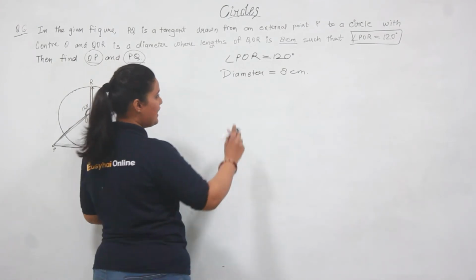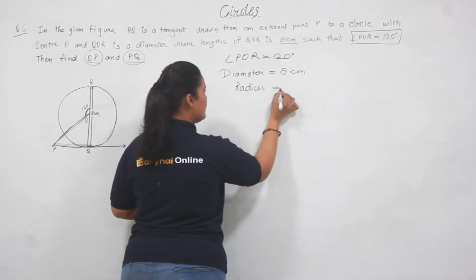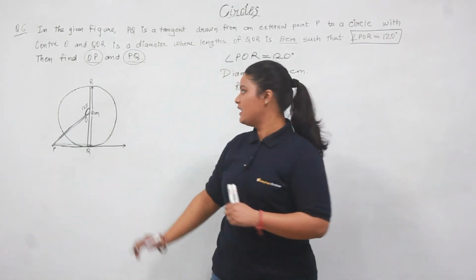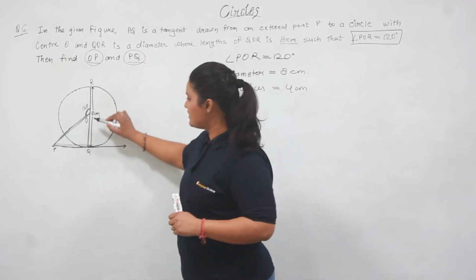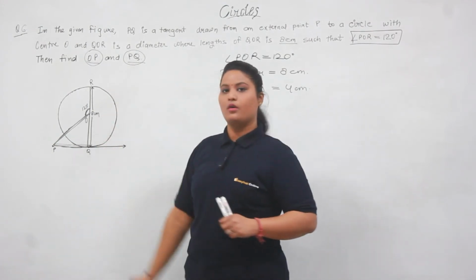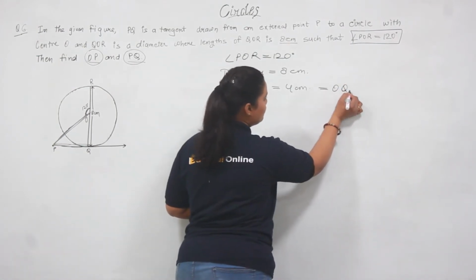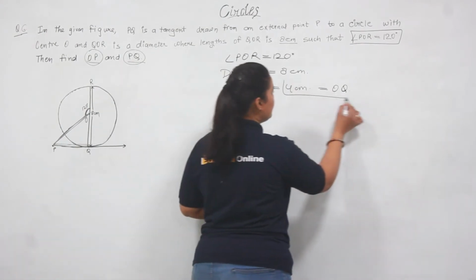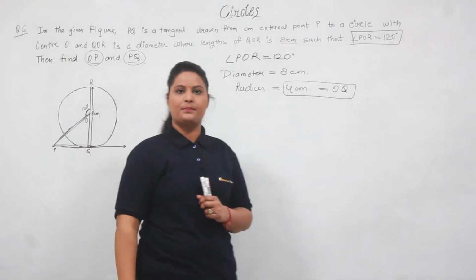Since diameter is 8, then what will be the radius? Radius will be 4 centimeter. Right? And our diameter is QOR, then radius will be, I can say, OQ. OQ is the radius, means length of OQ is 4 centimeter. So just remember that OQ is equal to 4 centimeter.